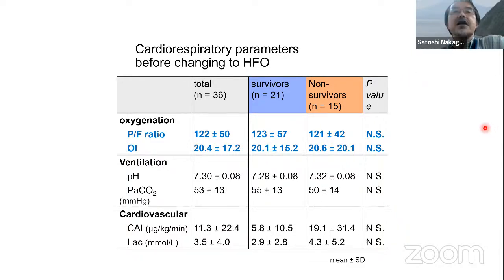This is data from our series. We looked at the hemodynamic status of patients who required high frequency oscillation. Looking at the catecholamine index and lactate, although there was no statistically significant difference between survivors and non-survivors, non-survivors tended to have a higher catecholamine requirement and a higher lactate level before starting high frequency oscillation.